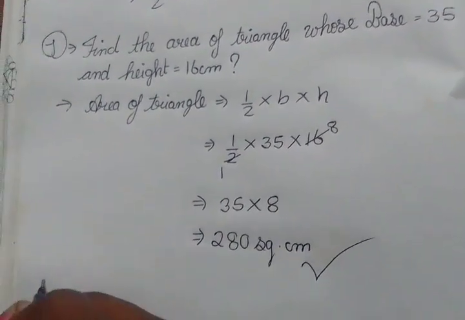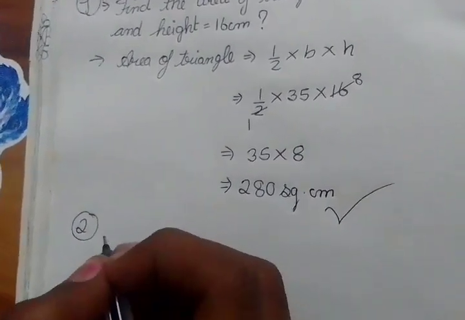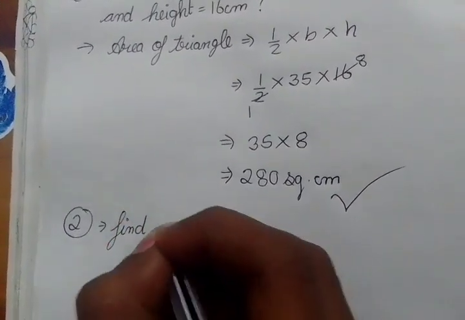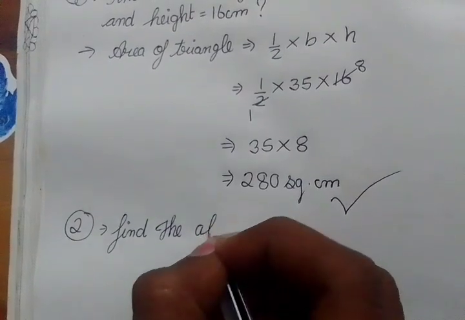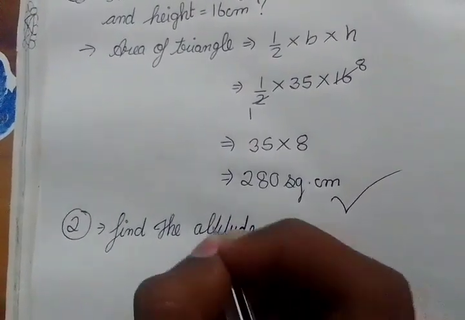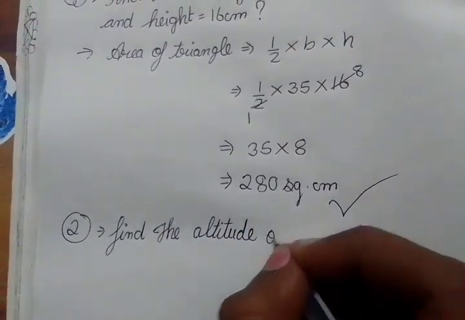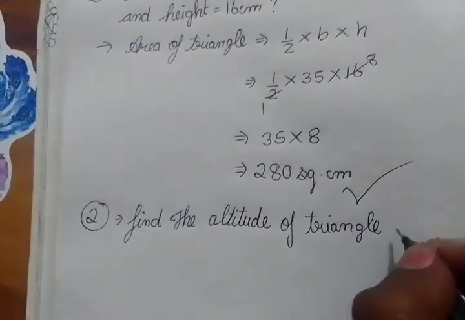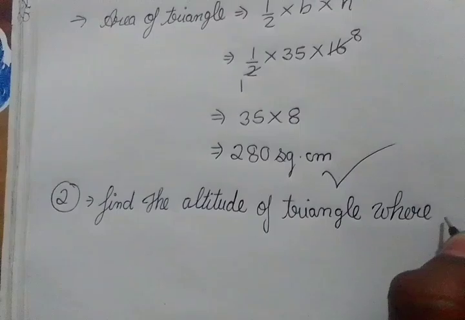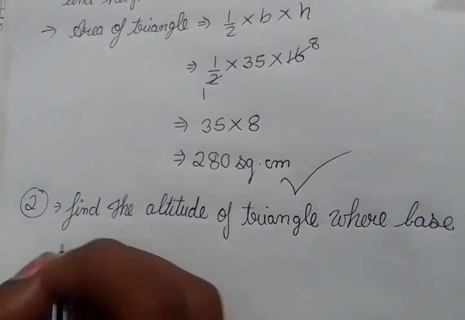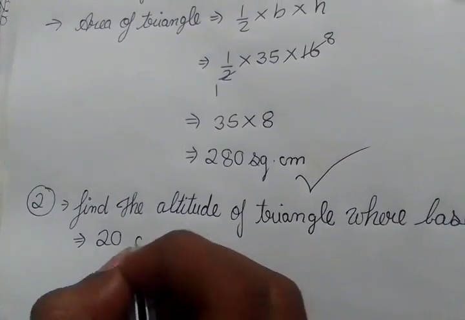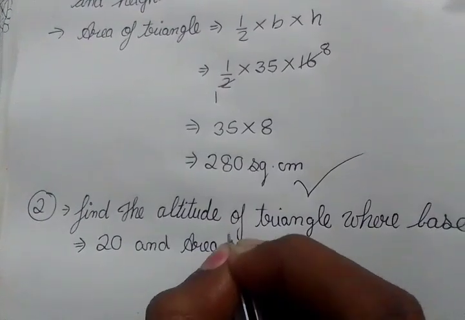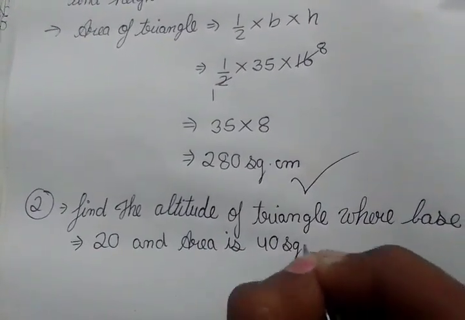Now we'll solve one more question where we have to find what? Altitude means height. Find the altitude, means height, of triangle where base is 20 and area is 40 square centimeter.